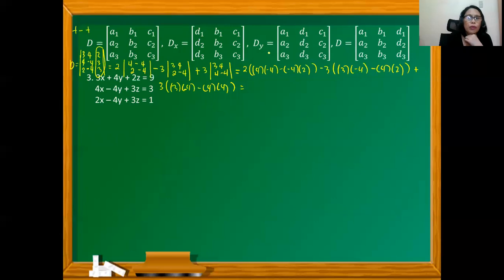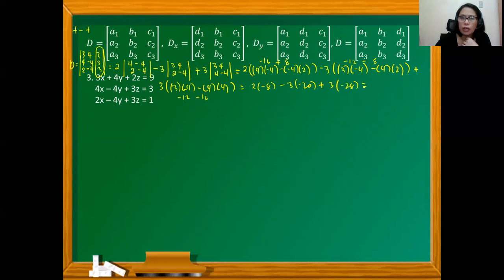So this is negative 16 and this is plus 8. So this is 2 times negative 8. Then minus 3 times, this is negative 12 and this is negative 8, so negative 20. Plus 3 times, this is negative 12 and this is negative 16. So we have negative 28.